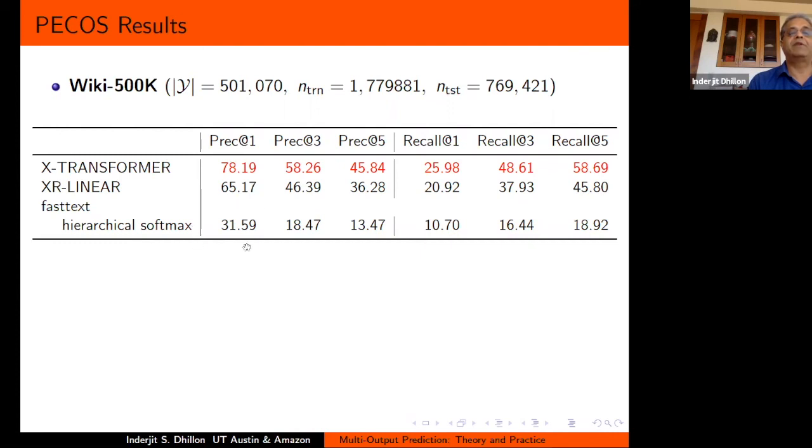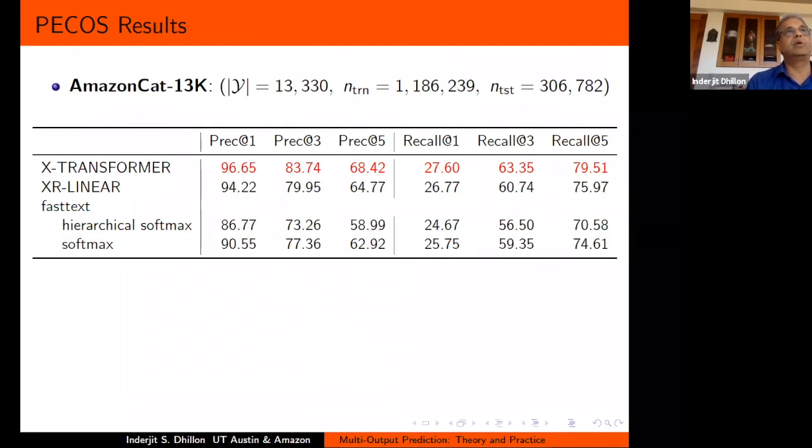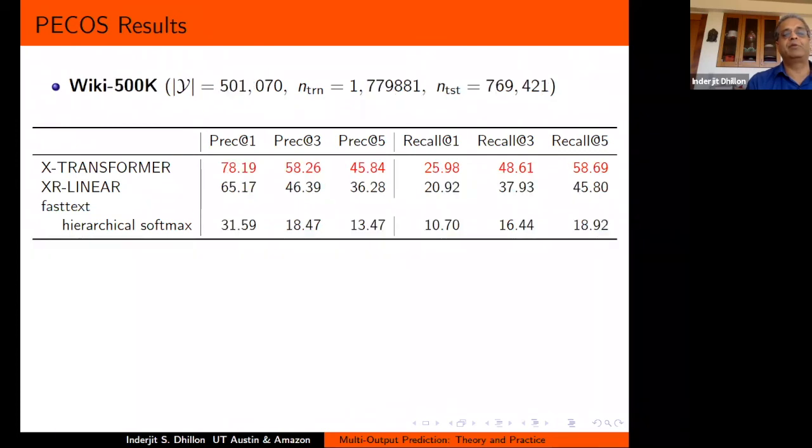Okay, and fastText, I only have one number over here because it is the actual full softmax, you cannot run that on this size of problem, and the hierarchical softmax actually does not perform very well.